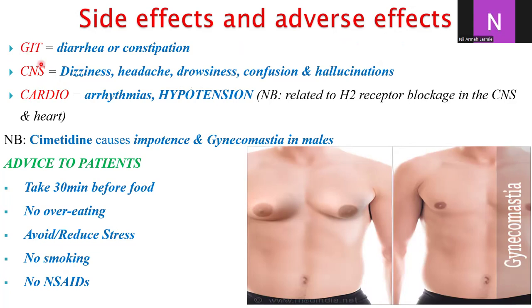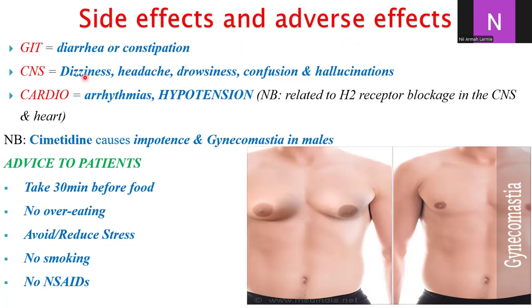And when these receptors are activated, they may cause side effects like dizziness, drowsiness, headaches, confusion, or even sometimes hallucination. And if it is the cardiac or heart H2 receptors that are activated, they could cause hypotension or irregular heartbeats, arrhythmias. And it's all the same activity of blocking histamine on H2 receptors.